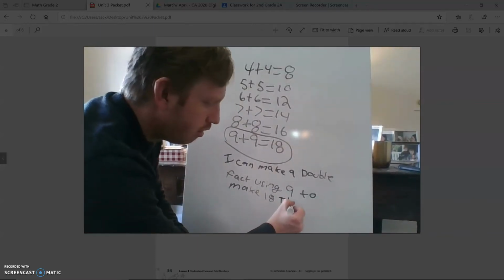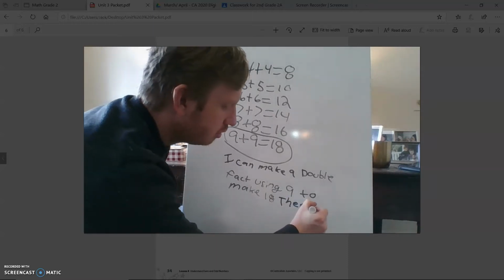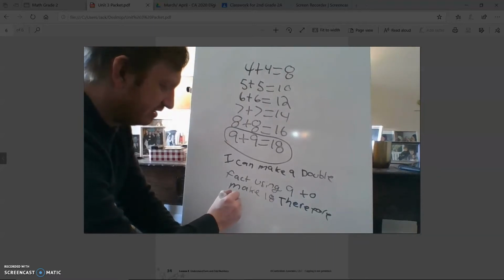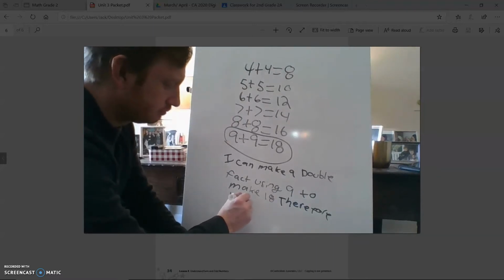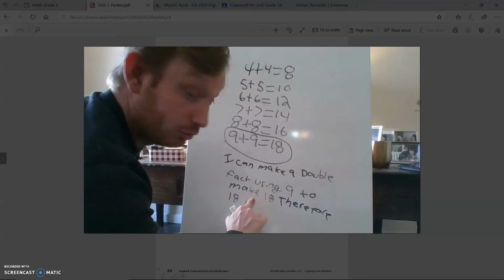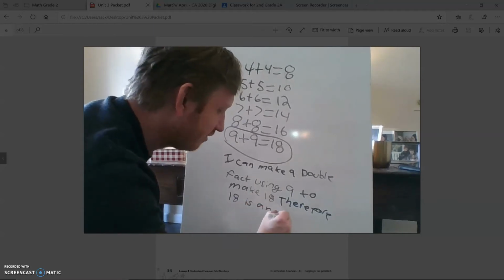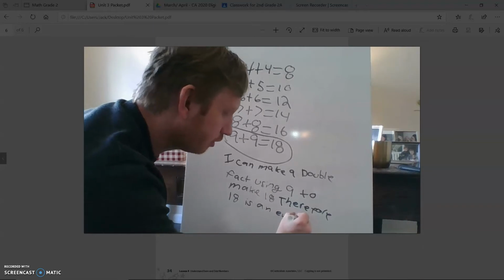Therefore, 18 is, it's a terrible S, is an even number.